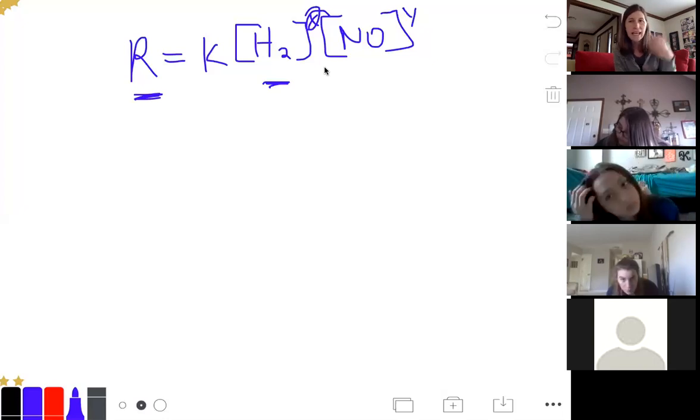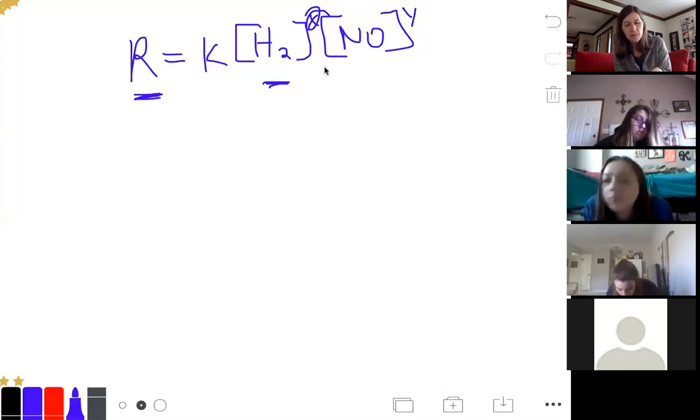Since the one stayed the same, it can't have changed anything, but the other one did change. I see the nitrogen oxide went from 0.3 to 0.6. So it doubled; the scientists doubled the concentration. Does that make sense?